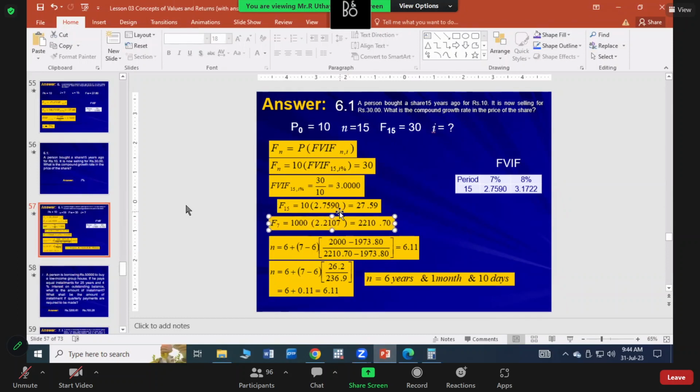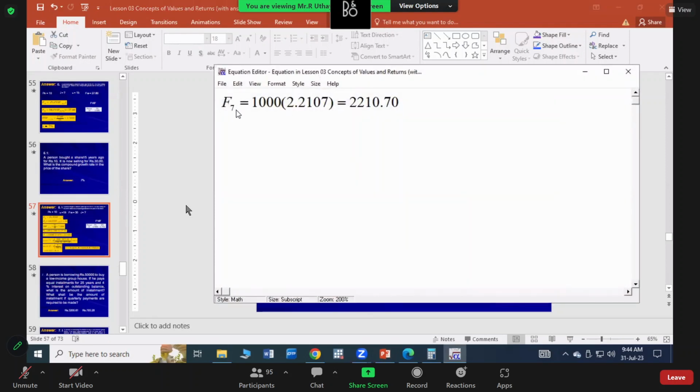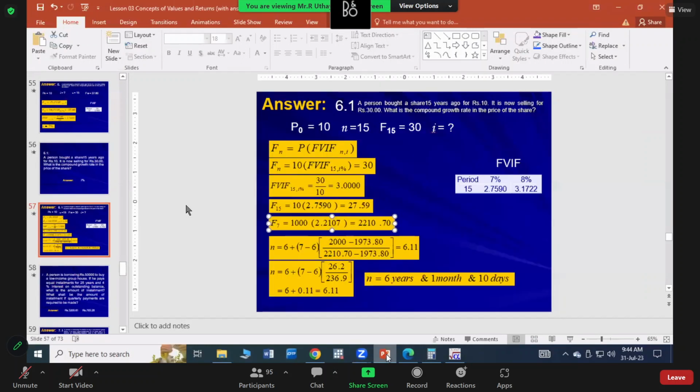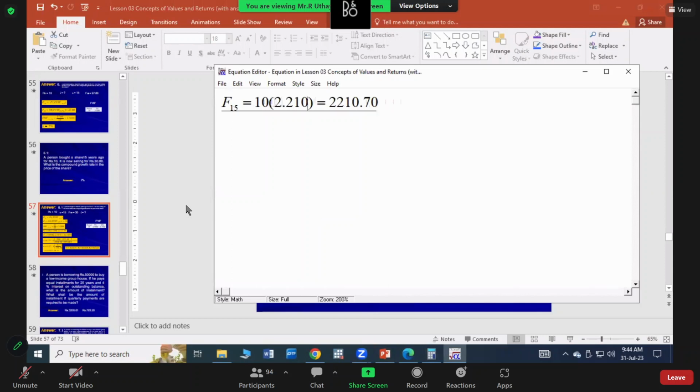Second, you want to take the two values. Also you can take the 10 rupees into this value 3.1722. So you can get 31.722.